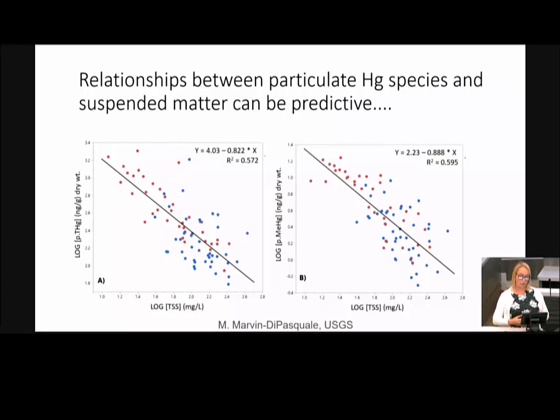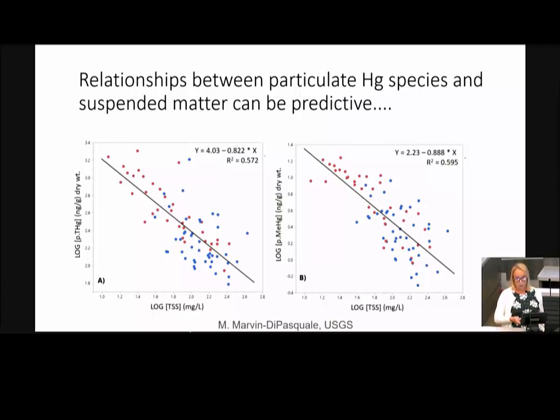And what we see is a very strong linear relationship between both the particulate total mercury concentration and the particulate methyl mercury concentration in the water column, and the total suspended solids in the water column. And the mercury is highest when you have low total suspended solids. Basically, when conditions are quiescent, we're seeing the most particulate mercury in the system.